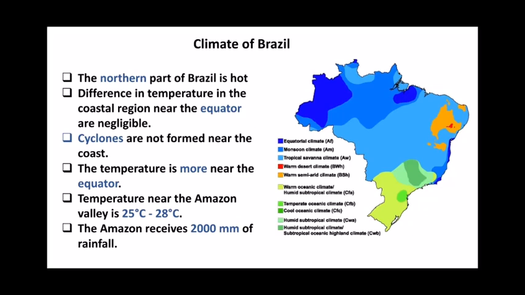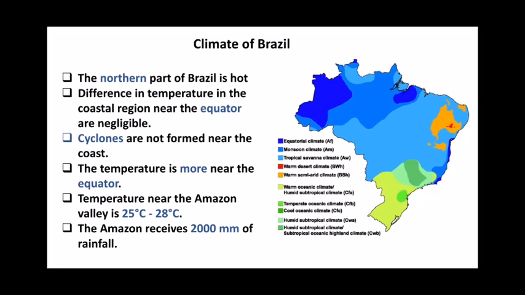The climate is cooler in the highlands because the altitude is higher. Because of the proximity of the sea, the coasts experience a mild and humid climate. The Amazon Valley receives around 2000 millimeters of rainfall, while the northeastern coast receives 1000 to 1200 millimeters.